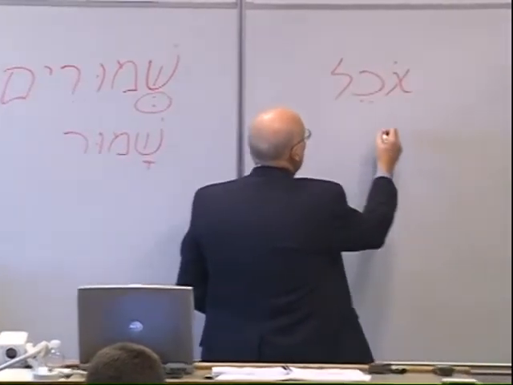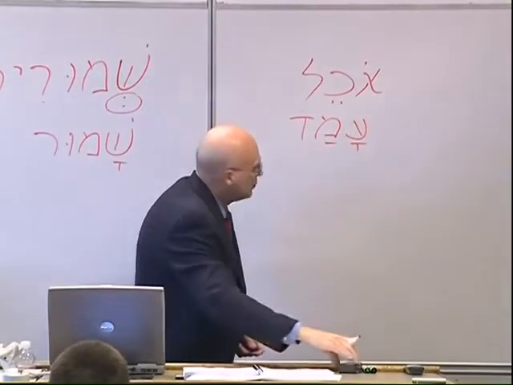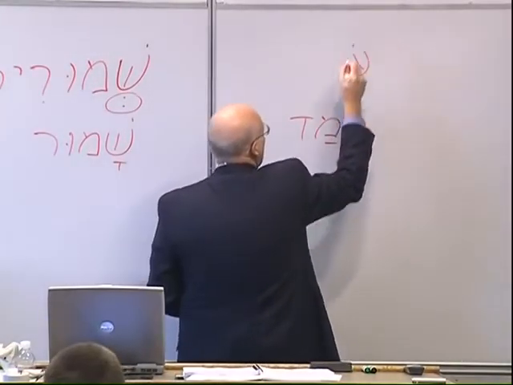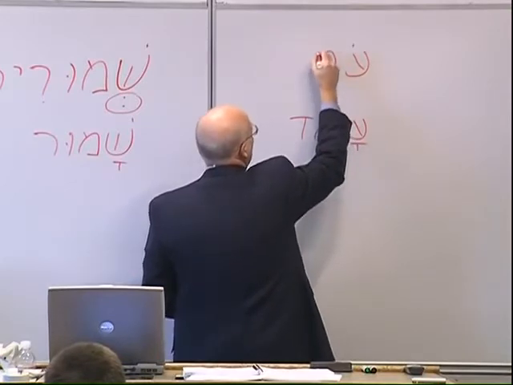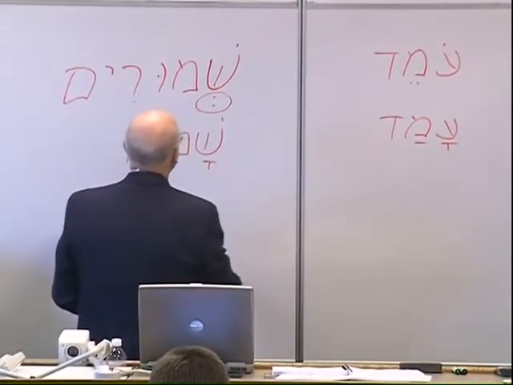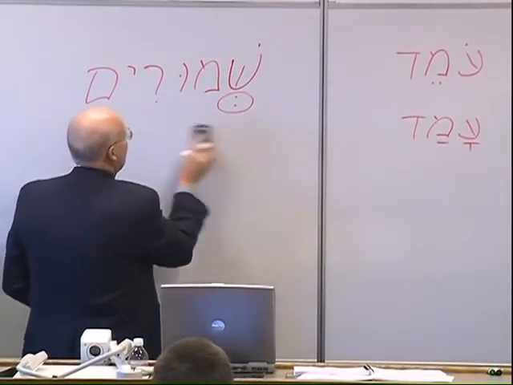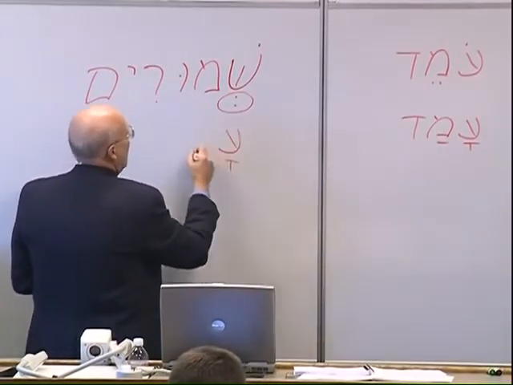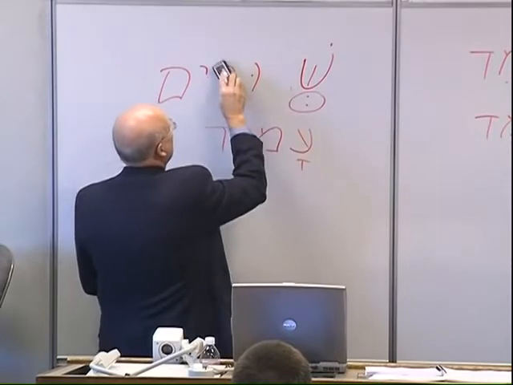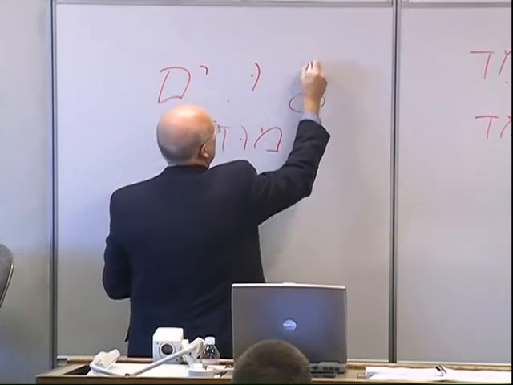So let's take amad as the root. And as you're looking at amad, in the active participle, you're always going to retain the holum. No matter what you do, you maintain the holum. So it's going to be that in the singular there. But if we move to the passive, then you're going to have what? You're going to have amud. And then when you move to the plural, let's just take out the consonants, because that's all you're doing.